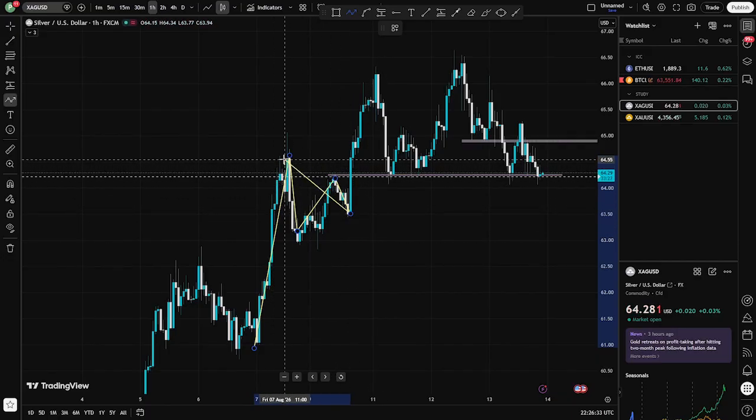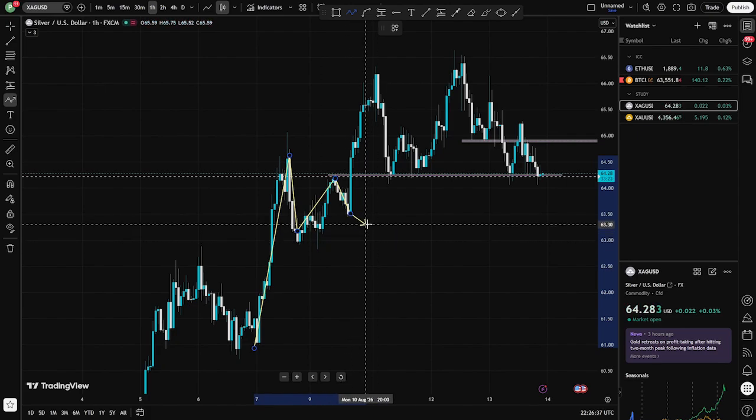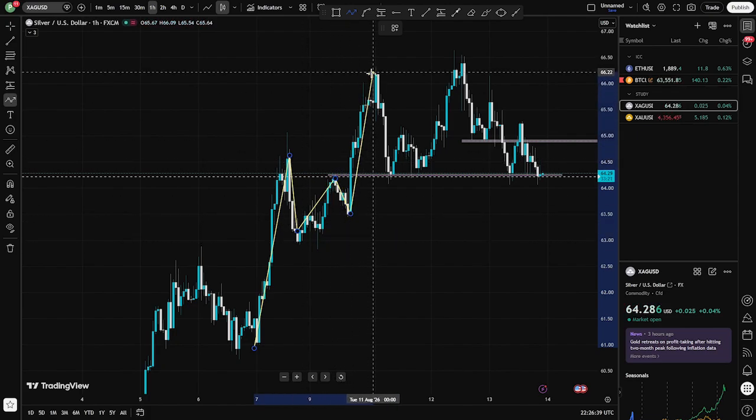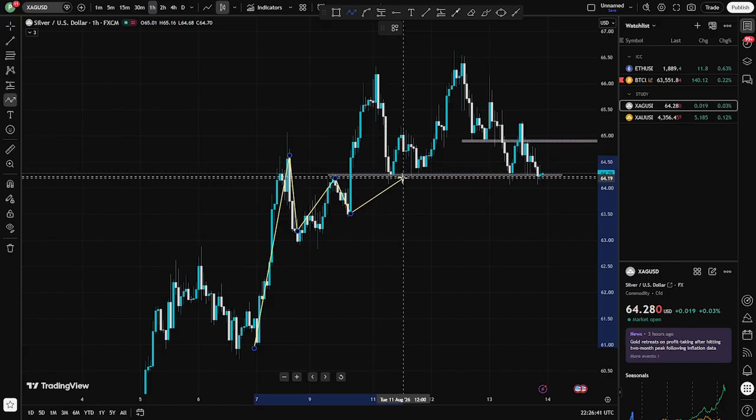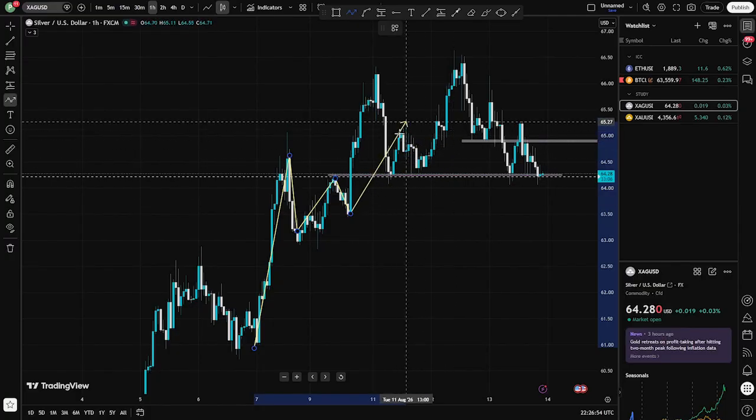I think I marked this level here and this level, and I was expecting price to either break one of those. And when price broke above this, I should have switched my sellers back to buys, because price has given an indication that the sellers are still not planning on taking this down. But I didn't take this trade.